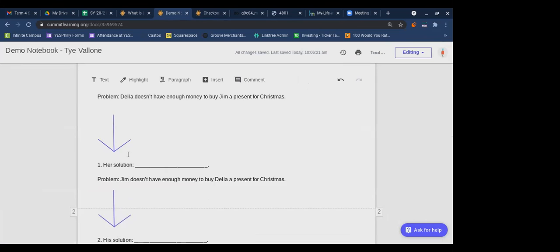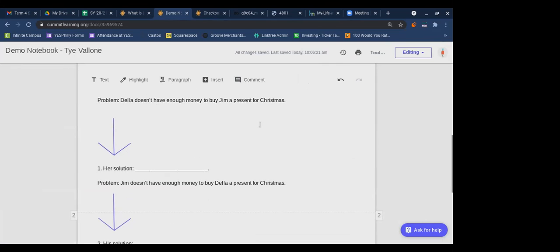What's Della's solution to buying a Christmas present for Jim? We actually already talked about this. Kira told us that her solution is to, what I like to do is highlight the line so that I can just write over top of it. Sell her hair to buy Jim a watch, or excuse me, a chain for his watch.